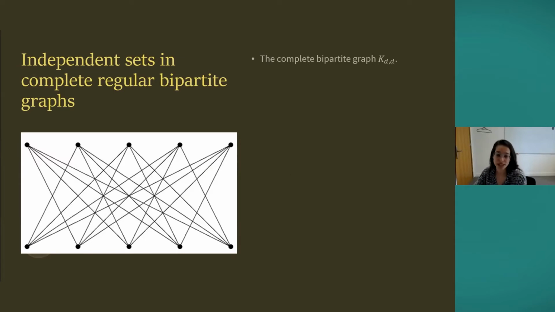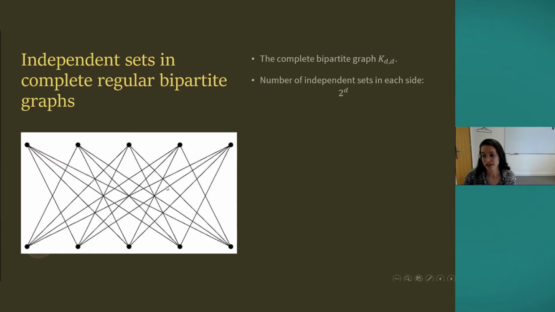This is pretty easy because each side is an independent set, of course, so the number of independent sets on each side is 2 to the D. And we cannot have an independent set with parts in both sides, because if I took something from one side, I cannot take anything from the other side, since we have all the edges in between.